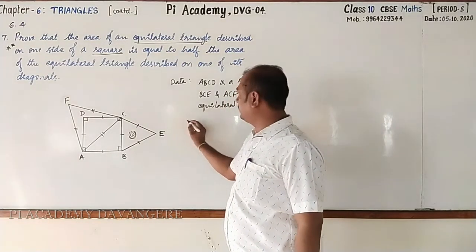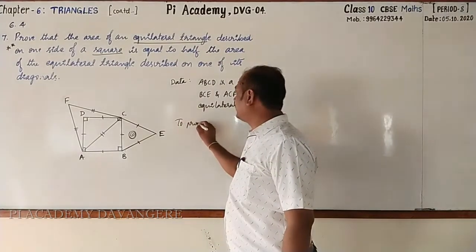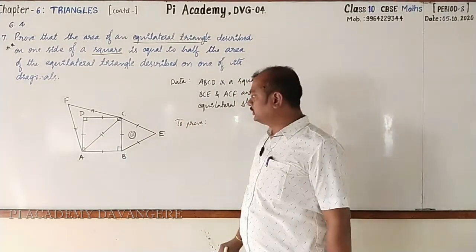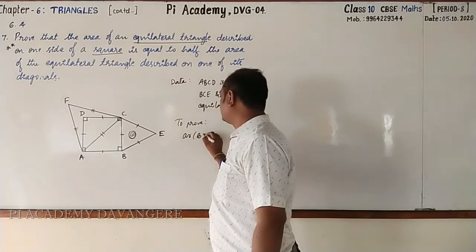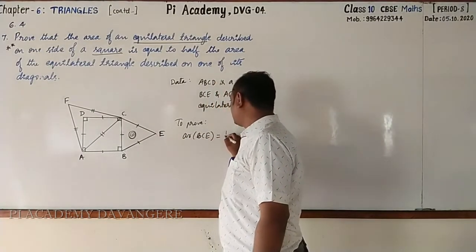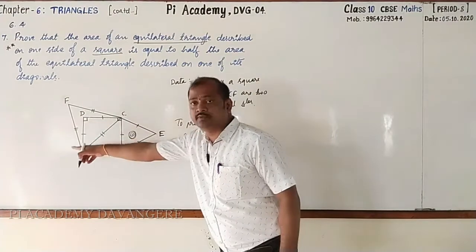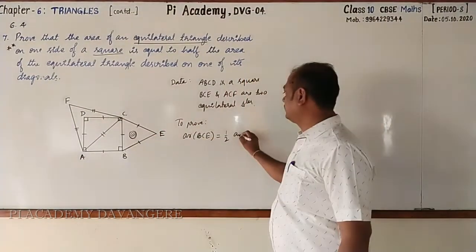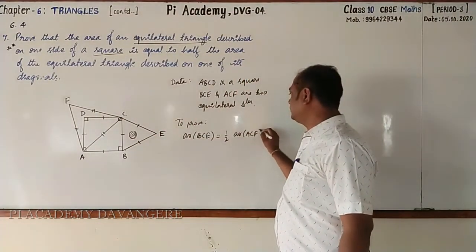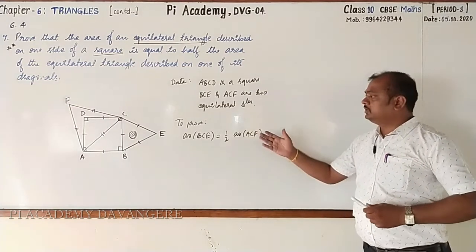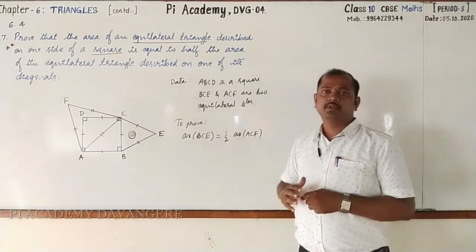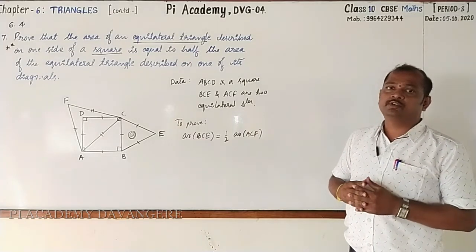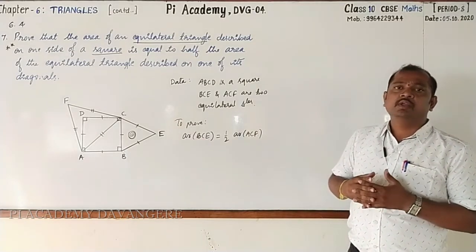This much has been given. With this information, we are going to prove that the area of triangle BCE is equal to half the area of triangle ACF. Dear students, could you tell what type of triangles these two are? They are equilateral triangles. Right?